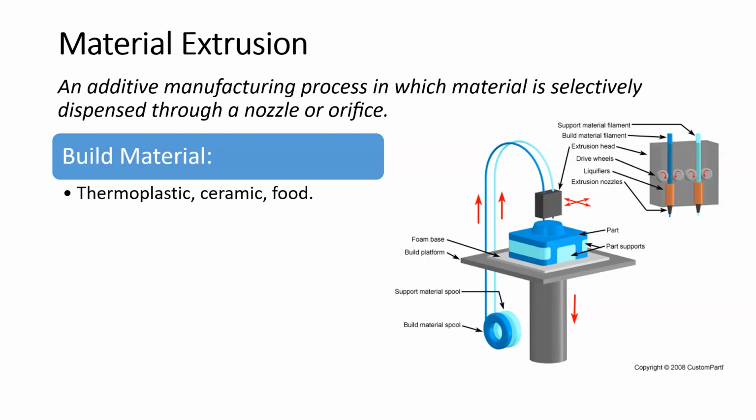Remember that there's 2 types of plastics, thermoset and thermoplastic. Thermosets are typically found in vat photopolymerization processes. Thermoplastics are typically used in material extrusion. We'll talk about why in a few slides, but we can also have ceramic for a build material. We can have food for a build material.